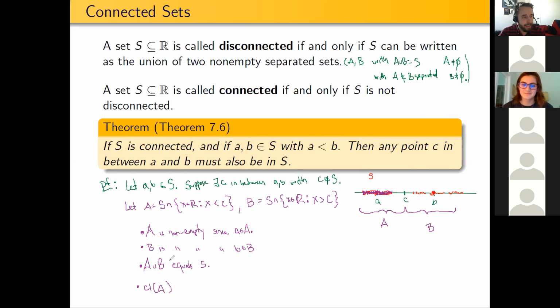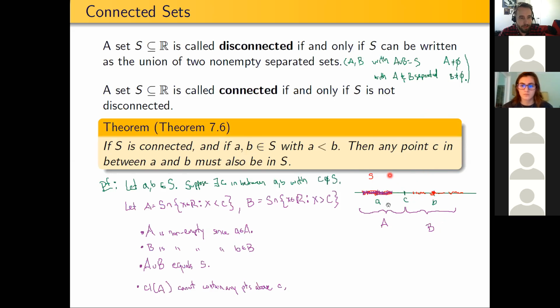Instead, I think it is sufficient for us to figure out that the closure of A cannot contain any points above C. If we believe that the closure of A is stuck over here, and we know that B only contains elements bigger than C, then we will definitively know that closure of A intersect B is empty.